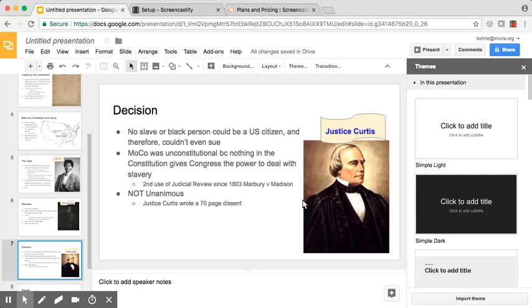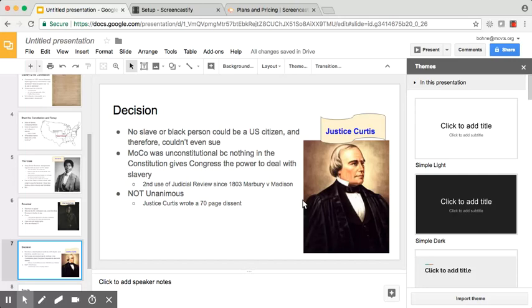It's important to know that this decision was not unanimous. Justice Benjamin Curtis of Massachusetts was the first justice to actually have a law degree. That's not a requirement. He was also the first to resign on principle. And why did he resign? Because this made him upset. He wrote a 70-page dissent, which inspired lots of ideas by others opposing slavery.